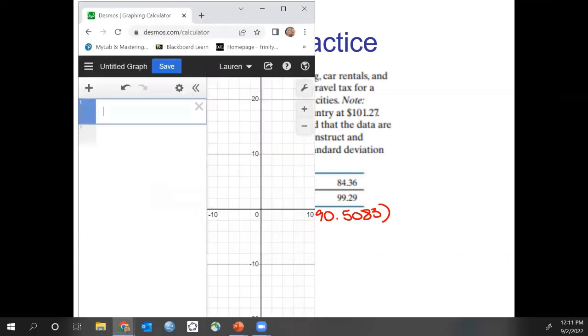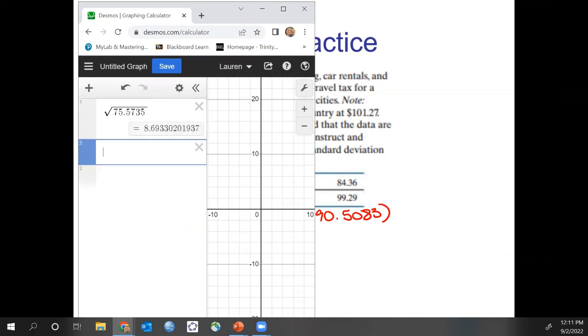SQRT, square root of the first one, 75.5735. 8.693. And let's square root the other one.